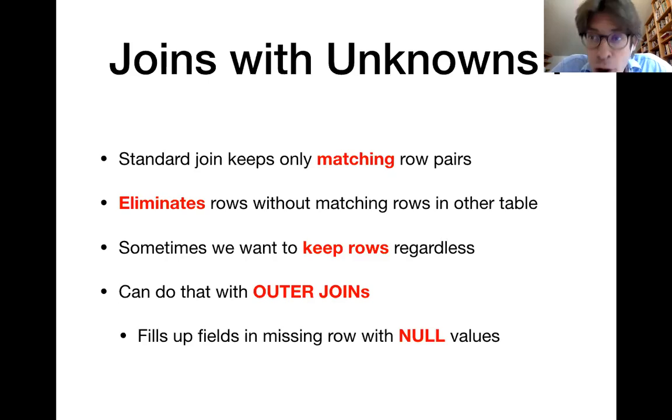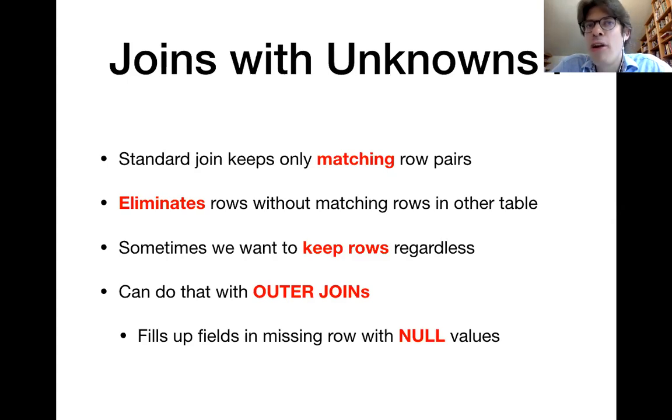Now, one problem with that is that it eliminates rows in a table which don't find any matches in the other table. Those rows will not appear in the join result. So if I'm, for instance, joining students with enrollment information, then a student who hasn't enrolled into any courses yet will not appear in the join result at all.